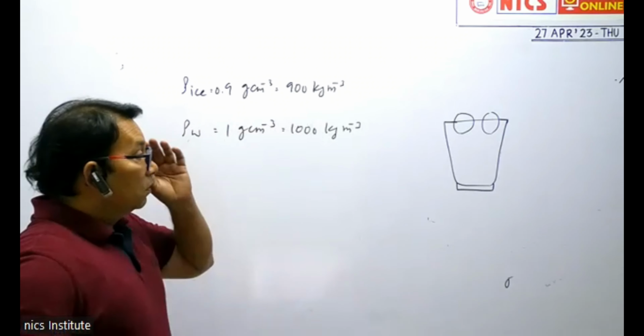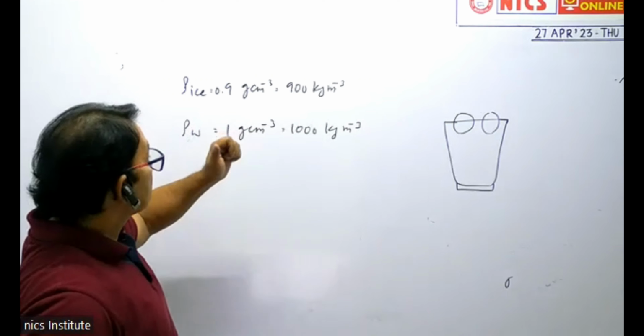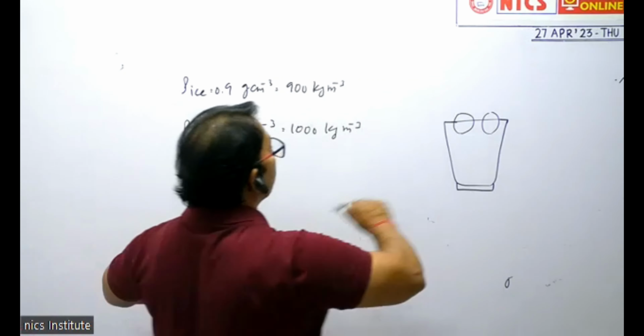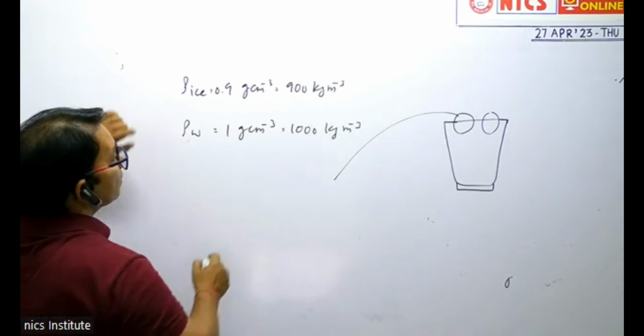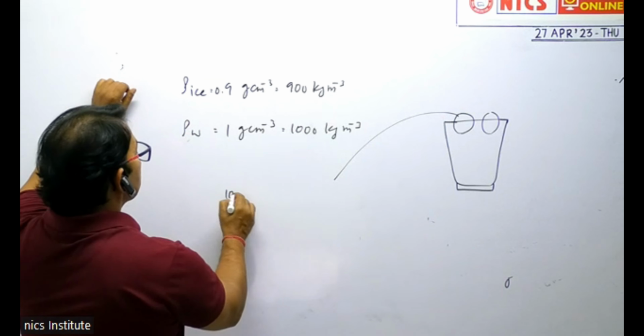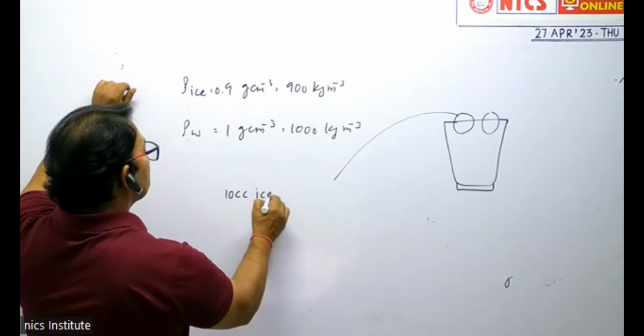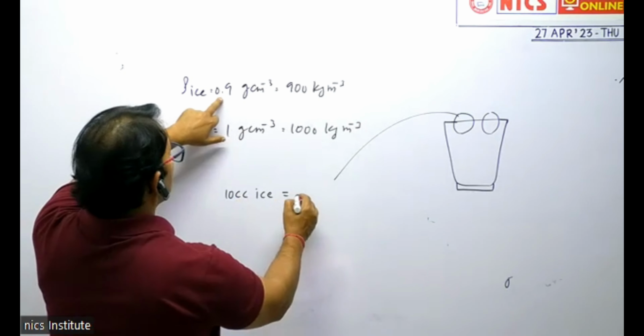As I told you, the density of ice is less. Suppose I take this ice to have a volume of 10 cc. When it's 10 cc ice, what will be its mass?